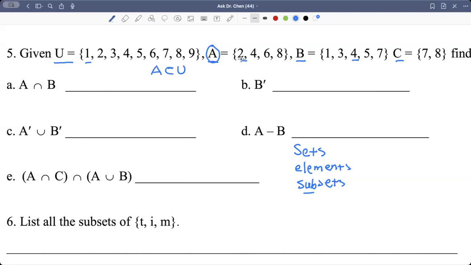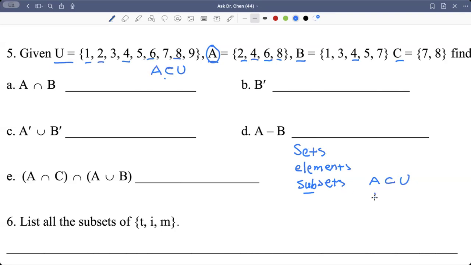Because the 4 elements A has, 2, 4, 6, 8, are contained in U, but U has more. So A is contained in U, or A is a subset of U.